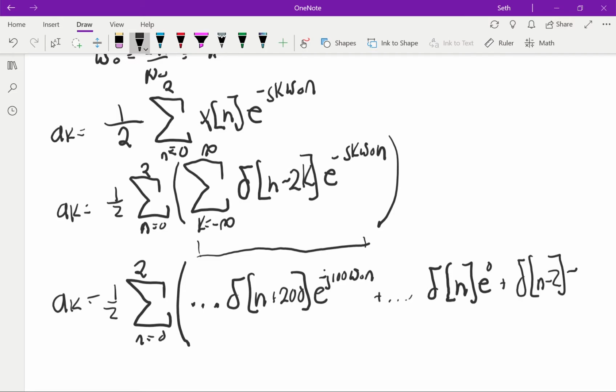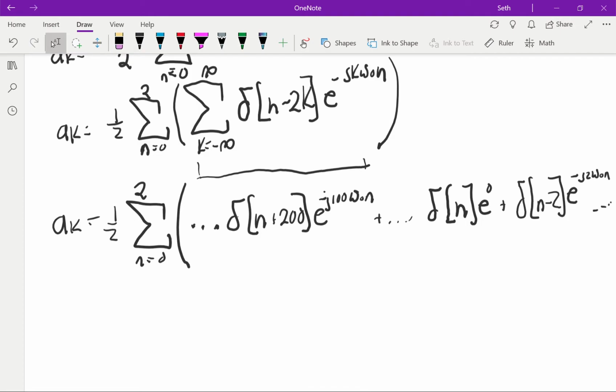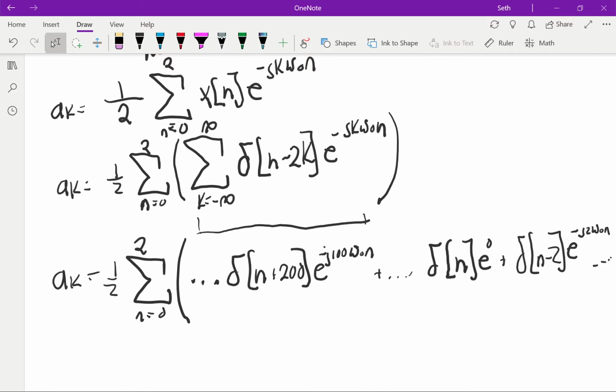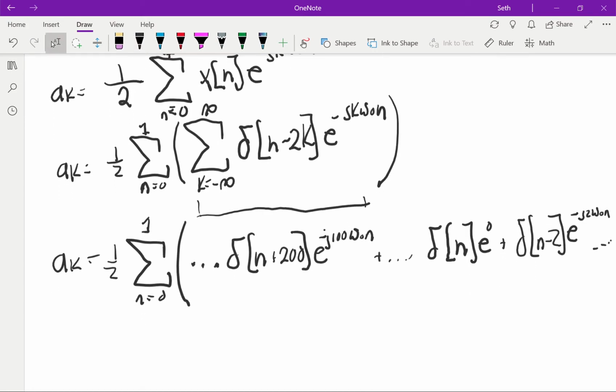And we get e to the minus j 2 omega naught n, and that continues on. Okay, so, sorry, this is not 2, this is 1, because our summation is 2 iterations long, so the 0th term is the first one, and the k equals 1 term is the second one.